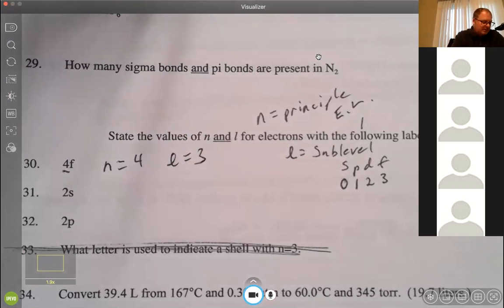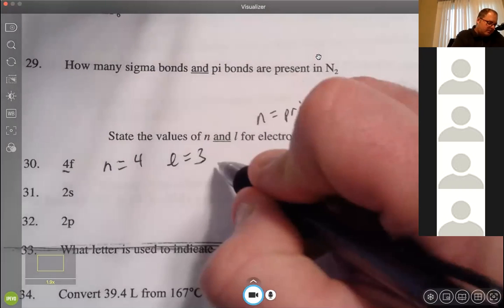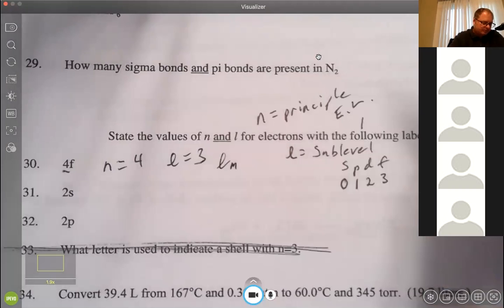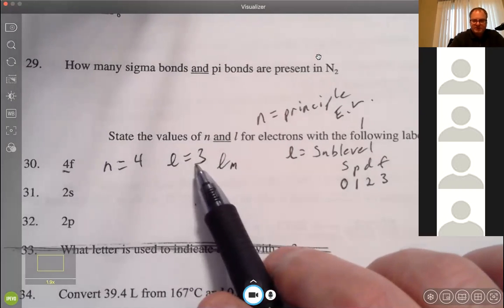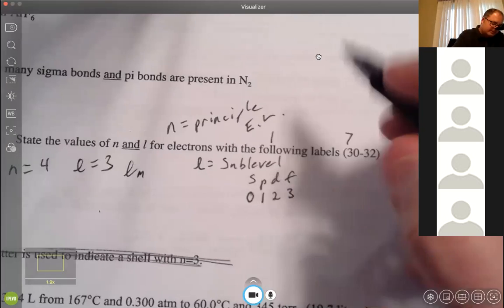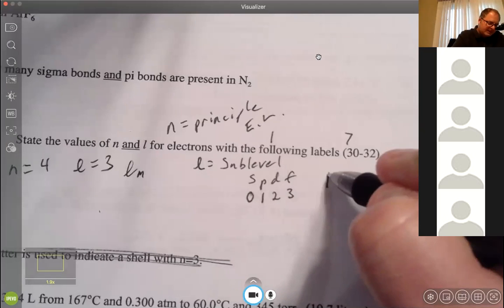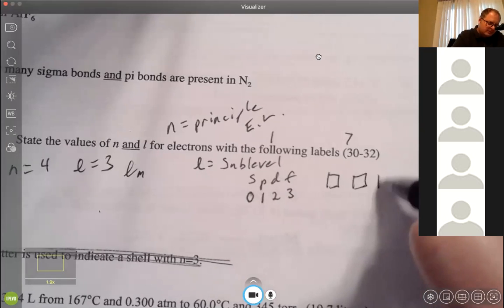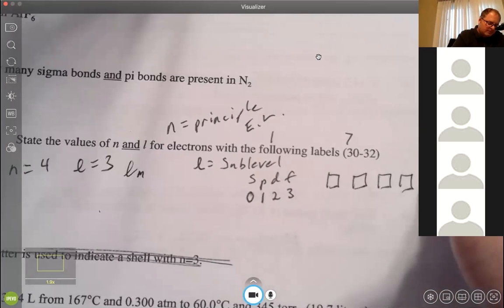And then after that, you would have your M sub L, and it's based off of this 3. So M sub L describes the orbitals. So F has 7 orbitals. Right?